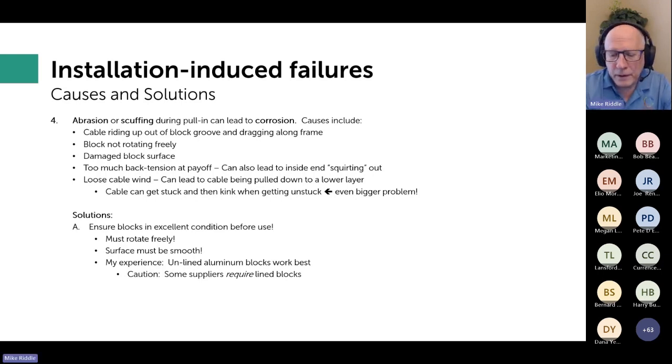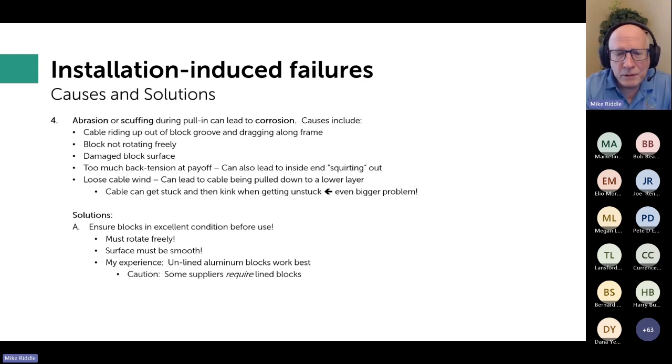I think with conductor, because conductors tend to be larger and heavier, and conductors tend to have a softer grade of aluminum, a softer aluminum alloy on the outside, 1350 aluminum, and it might even be annealed aluminum at that, you do need the lined blocks for a conductor.